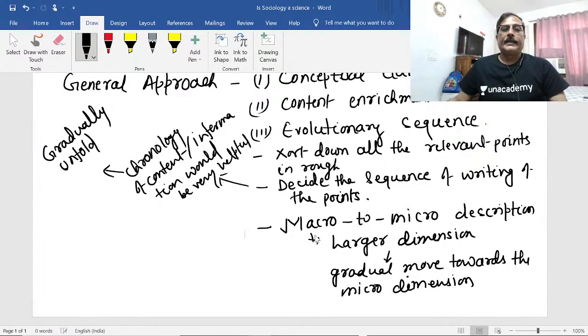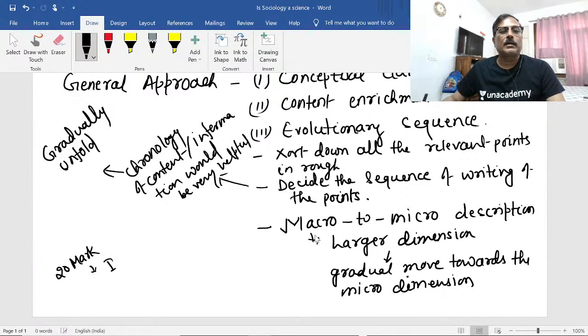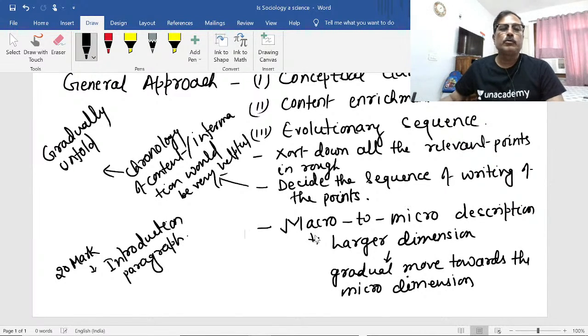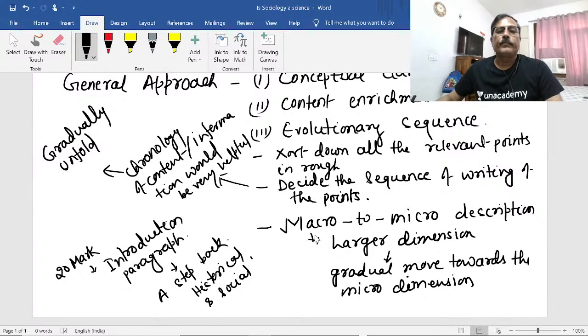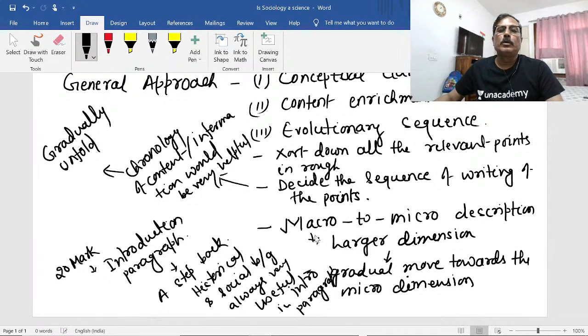In the case of a 20 marker question, you need to have an introduction paragraph, and for the introduction paragraph you should go a step back, right? Historical and social background is always very useful in the intro paragraph.